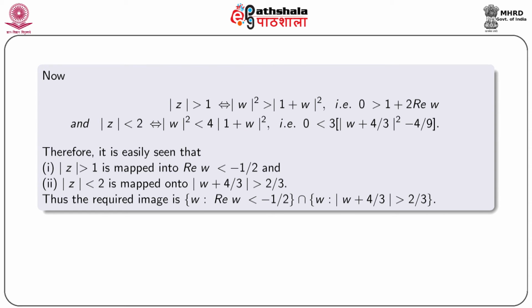Therefore, it is easily seen that |z| > 1 is mapped into Re W < −1/2, and |z| < 2 is mapped onto |W + 4/3| > 2/3. Thus, the required image is the set of points W such that Re W < −1/2 intersection the set of points W such that |W + 4/3| > 2/3.